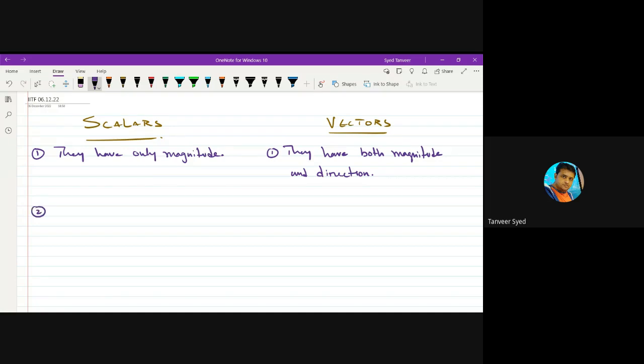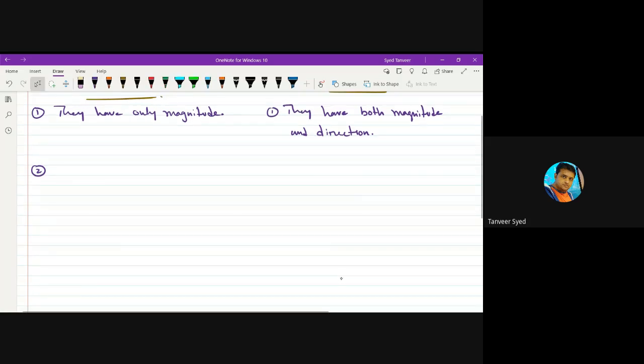And another, this is like, if you take an example to understand the difference between scalars and vectors. Suppose I tell you that the distance between Hyderabad and Vijayawada is, let us say, some 300 kilometers.